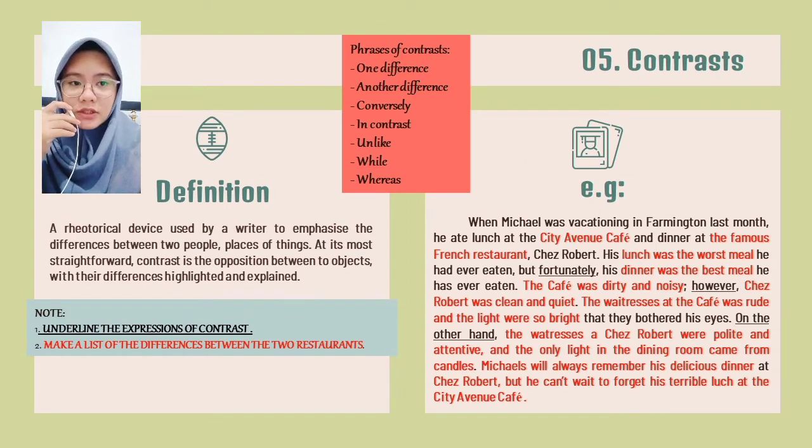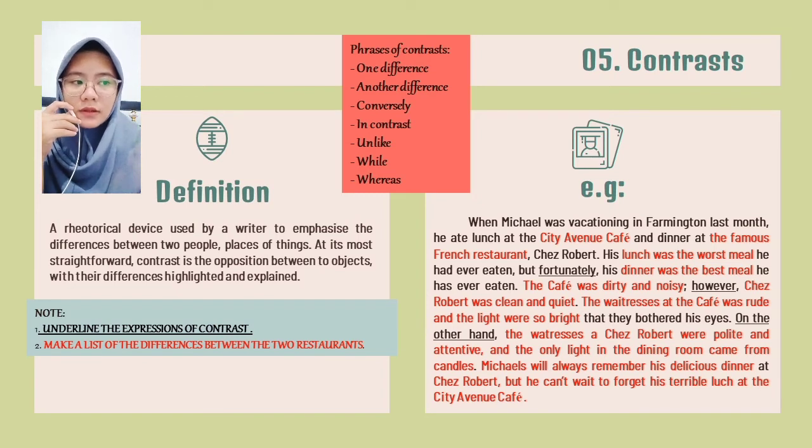For the definition, contrast is a rhetorical device used by a writer to emphasize the differences between two people, places or things. At its most straightforward, contrast is the opposition between two objects with their differences highlighted and explained.